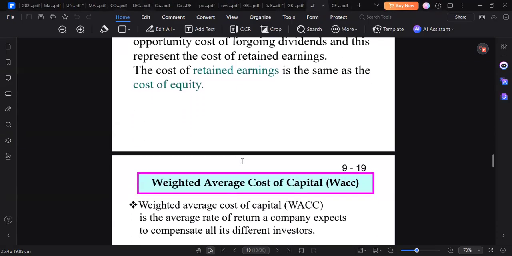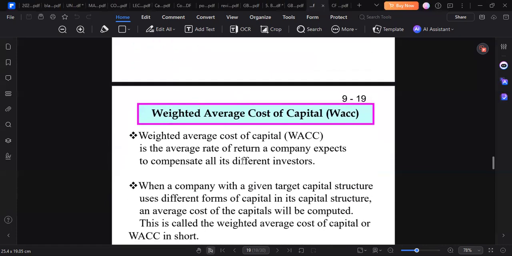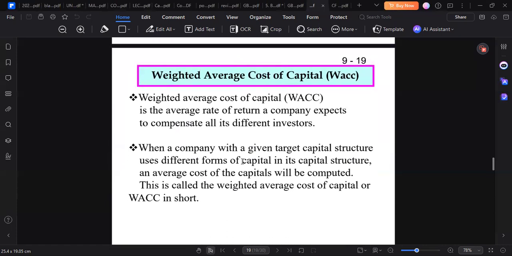What is WACC? Weighted average cost of capital. This is the average return a company expects to compensate all its different investors. So when a company is given a target capital structure, it uses different forms. They are all computed together to come up with what is called the weighted cost of capital.